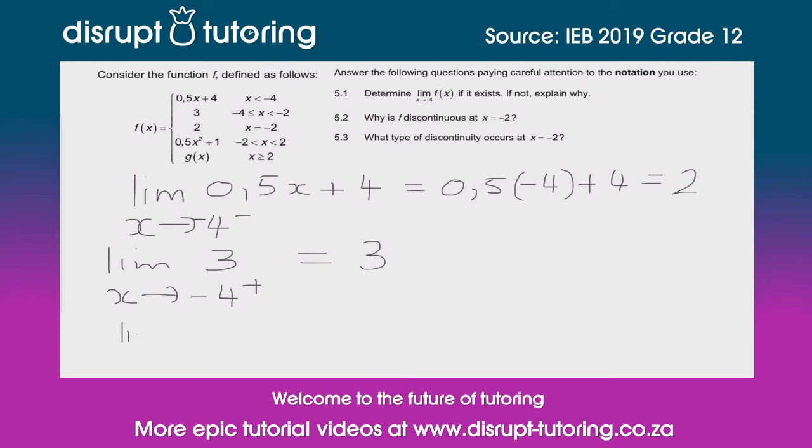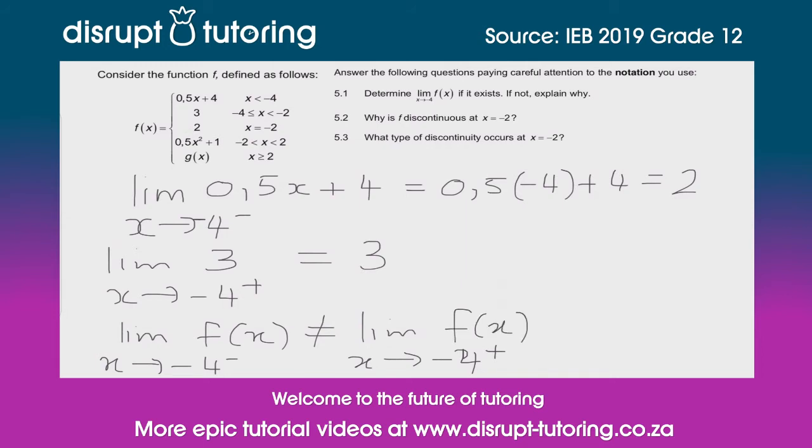So the limit as x tends to minus 4 from the left of the function f of x does not equal the limit as x tends to minus 4 from the right of f of x, and hence the limit does not exist at x equal to minus 4.